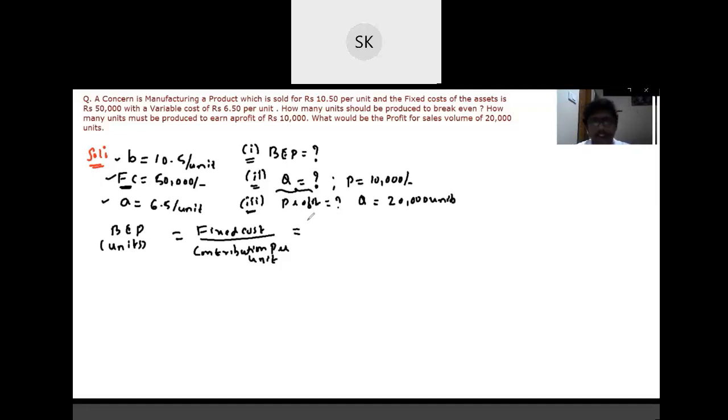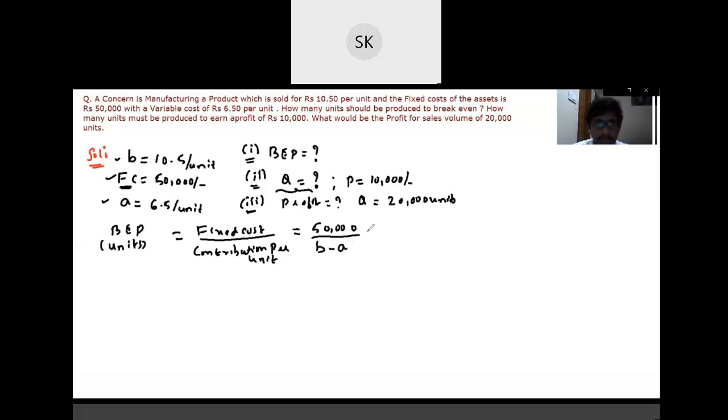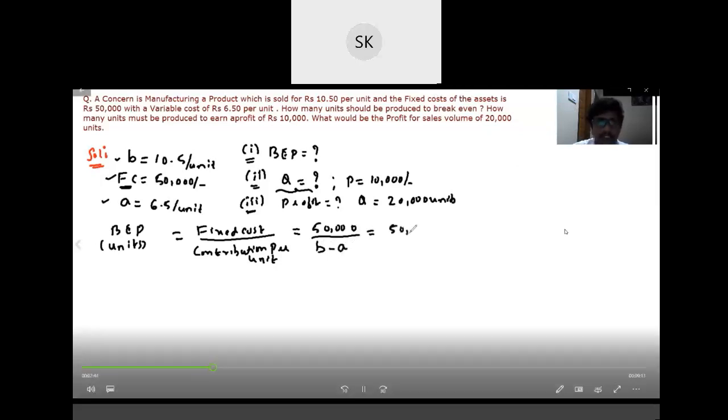Now the break-even quantity has a formula of FC by S minus V. If you go back to the previous class, it has a formula fixed cost divided by S minus V. So just simply put the values, you will get break-even quantity as 20,000 units.